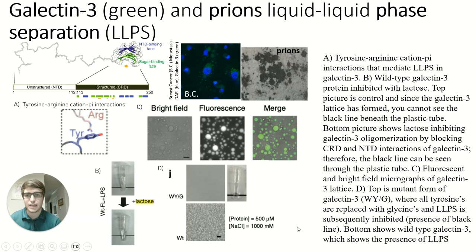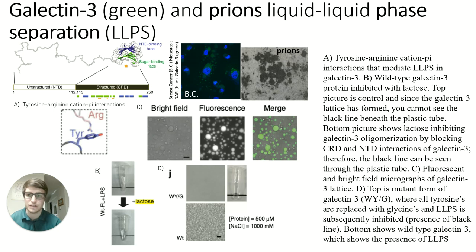So just because a protein is disorganized or intrinsically disordered doesn't mean that it's always going to be disease. If it's misfolded, then it could form disease, but some proteins, like the protein galectin-3, aren't misfolded. They're just intrinsically disordered.